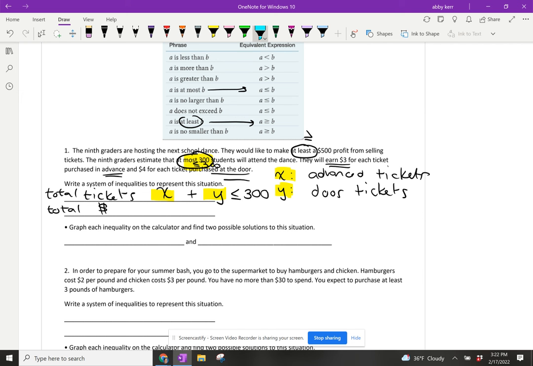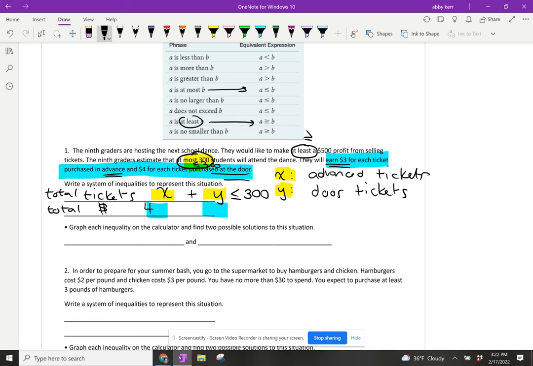Now, the second inequality is talking about how much they're earning. So they're earning $3 for advance and $4 for tickets at the door. So that's where the coefficients are coming in.